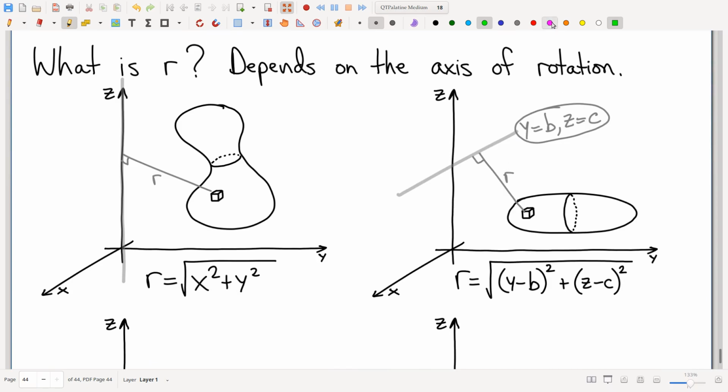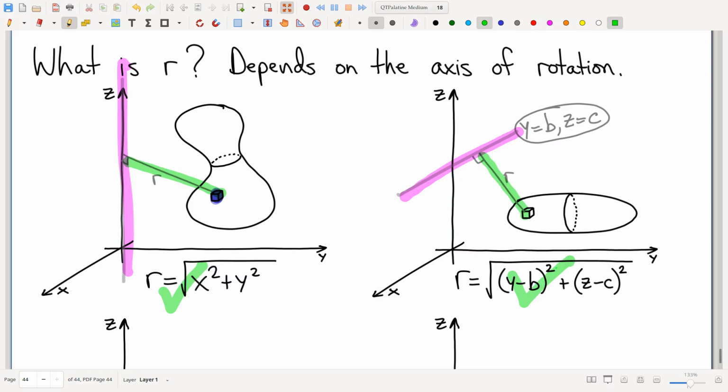It is always the distance from the axis to whatever point you're looking at, x, y, z. In this case here, that distance happens to be the cylindrical coordinate R. How nice. You get lucky sometimes. Convenient. But if you had a different axis, let's say that line right there, parallel to the x-axis, this value y, this value z, the distance to that line is just a different formula.